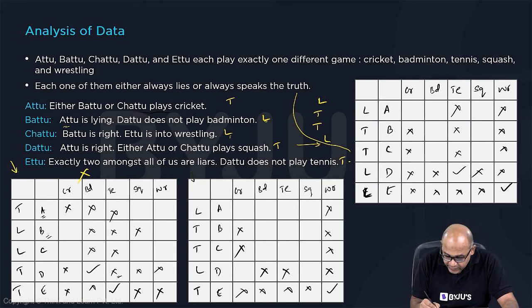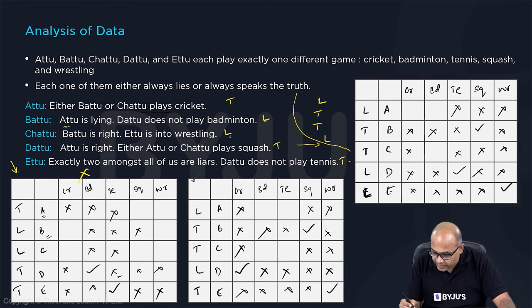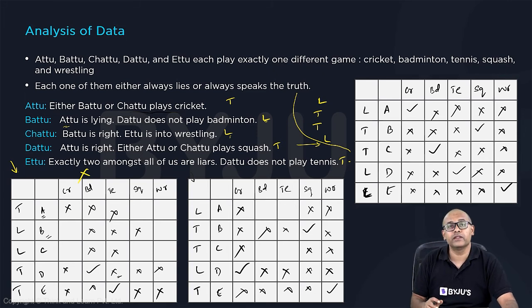So B is playing squash here and B is playing squash here. So I will put out the others accordingly. And let me see if I can fill anything else. Yes, I can fill this. So this will be gone. Similarly, is there anything else which I can fill? Yes, this will be gone. In which case, I'll get this guy. Then where else? Yes.